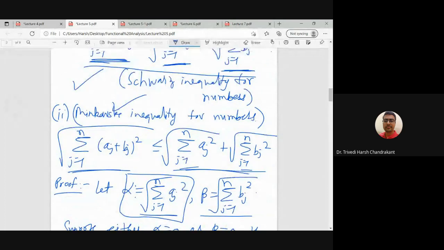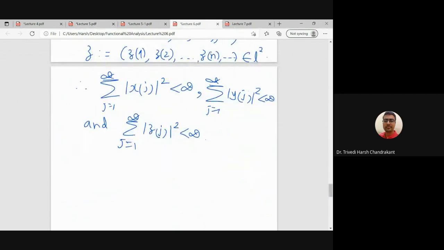Minkowski inequality says that if this series is convergent and this series is convergent, then the addition is convergent. So that will give us that.